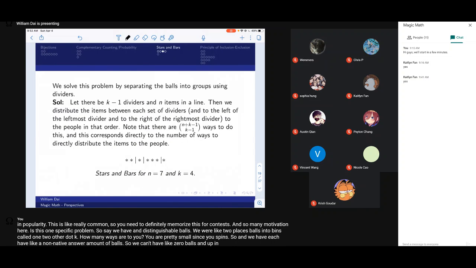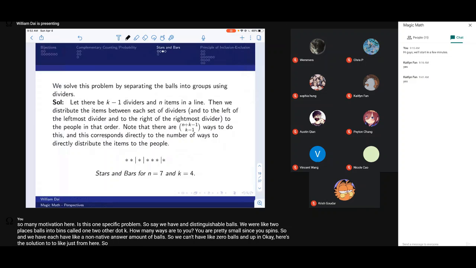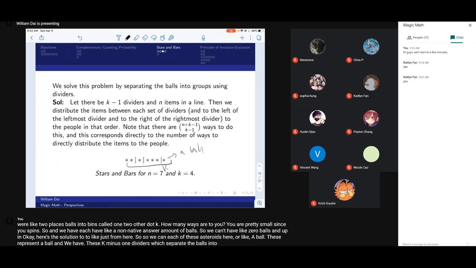Okay, here's the solution to this problem. Each of these asterisks represents a ball, and we have these k-1 dividers which separate the balls into k groups.